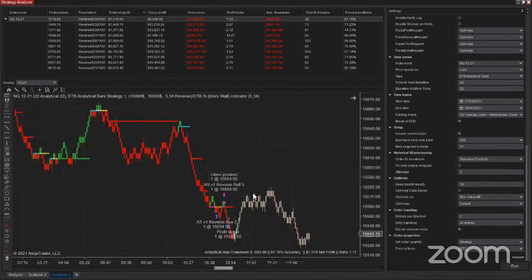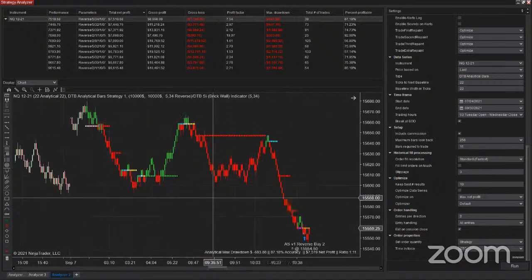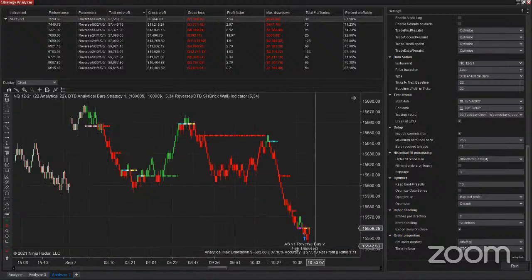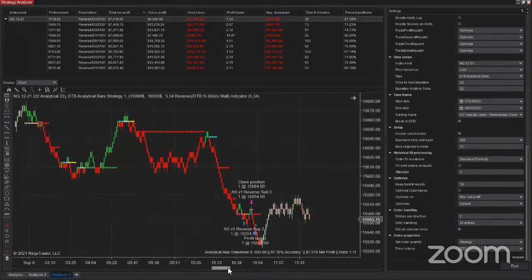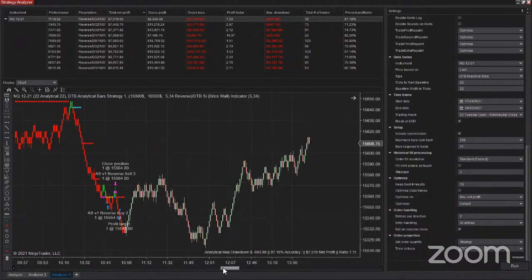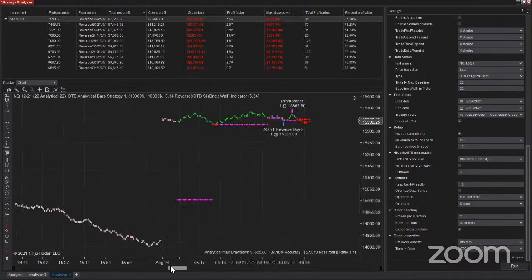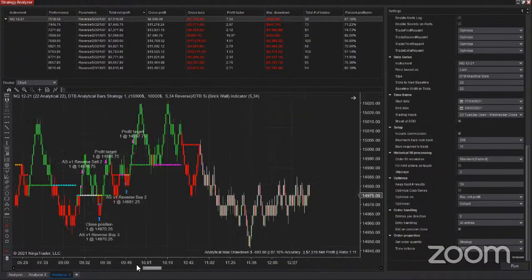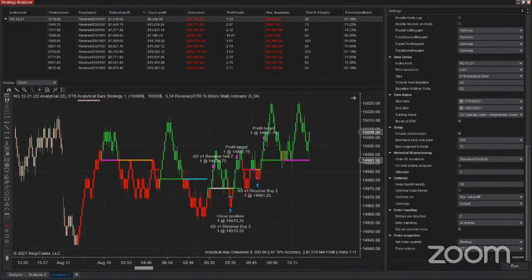Okay, so that's basically a history, and these are reverse trades. It's actually entered reverse trades as the best options for the strategy to enter. You'll notice that all of these positions are reverse positions with that profit target. I'll go back a little bit more and look at a day like this.